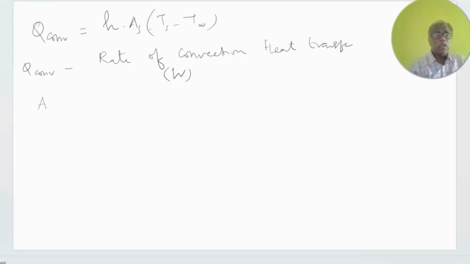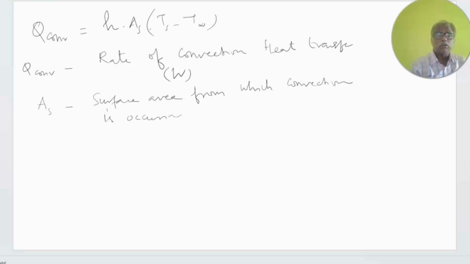And AS is the surface area from which convection heat transfer is occurring. Its unit is meter square.